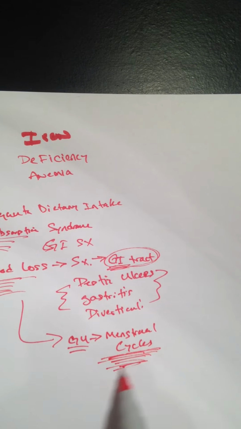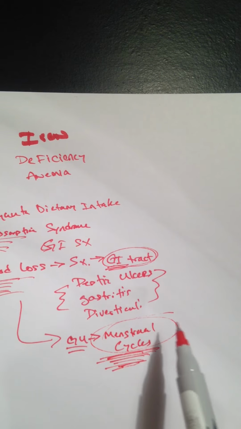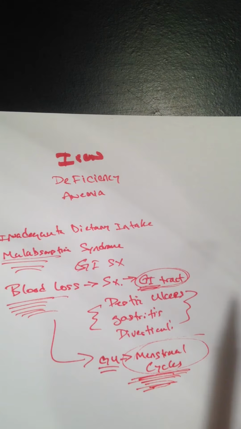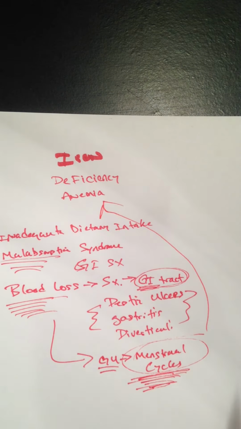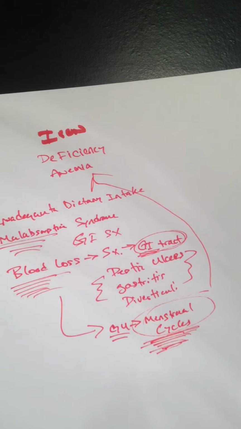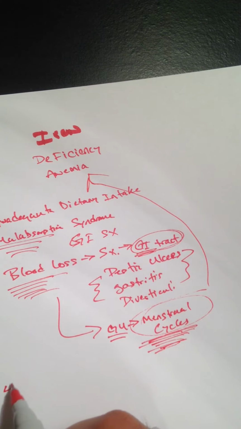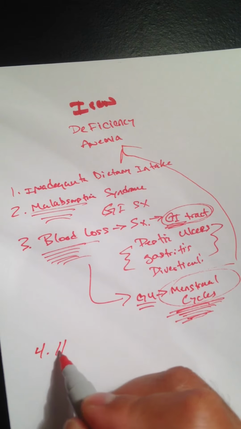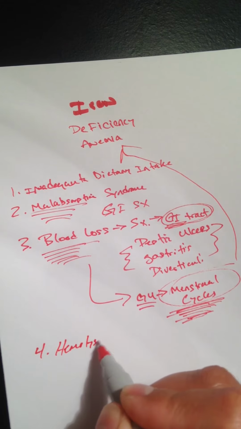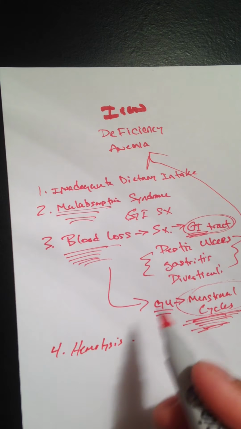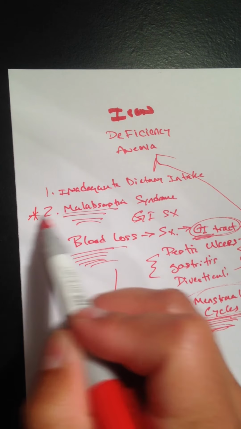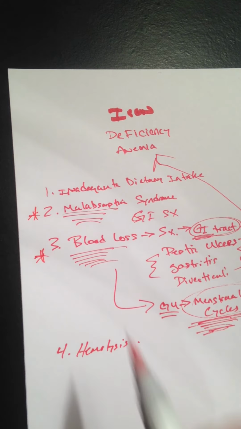Is there any heavy bleeding? Because if they're bleeding heavily, this will cause, again, the anemia. And before we briefly talked about hemolysis. Things that you would want to focus on would be, for example, your malabsorption and your blood loss.